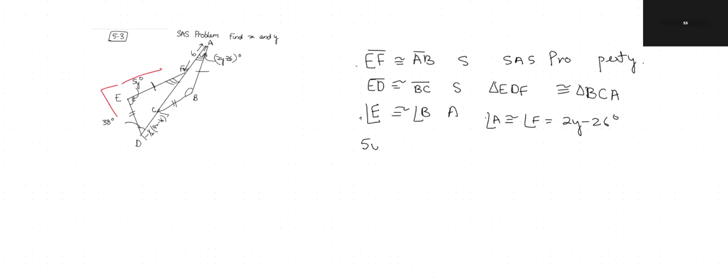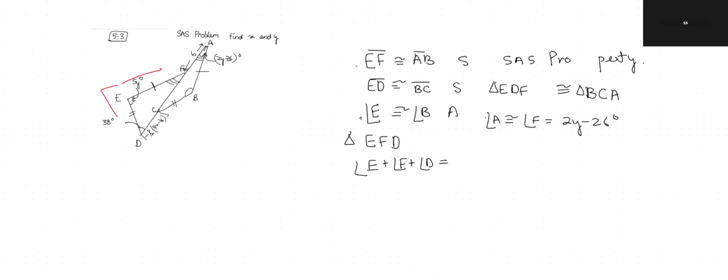So let's write, considering triangle EFD, angle E plus angle F plus angle D is 180 degrees.